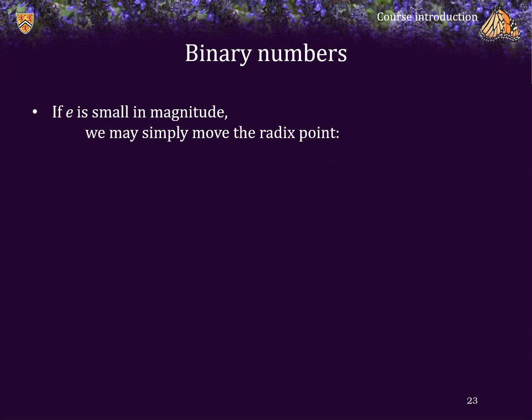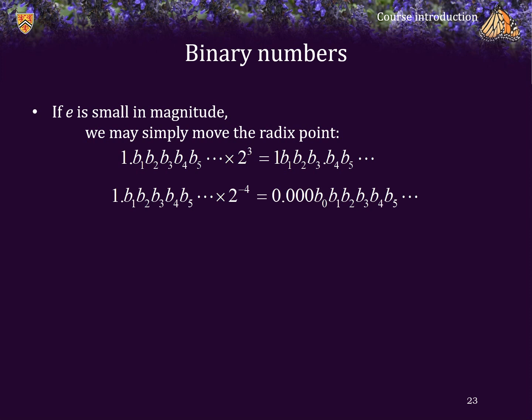If the exponent e is sufficiently small in magnitude, we may simply move the radix point. So, for example, if this binary is multiplied by 2 to the 3, we may simply move the radix point 3 spaces to the right. And if it's multiplied by 2 to the negative 4, we may move the radix point 4 places to the left, padding with an appropriate number of zeros.